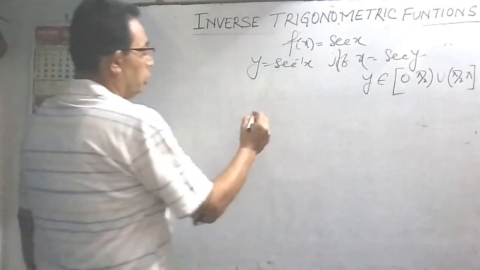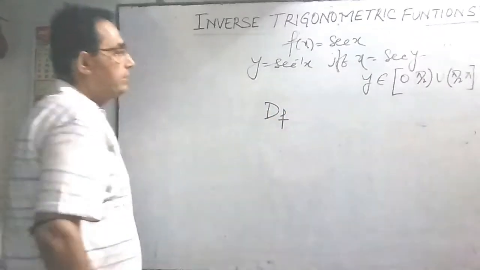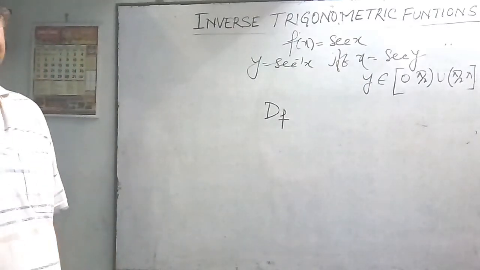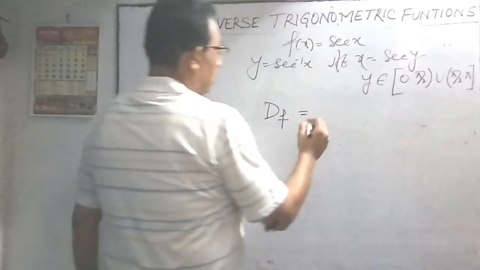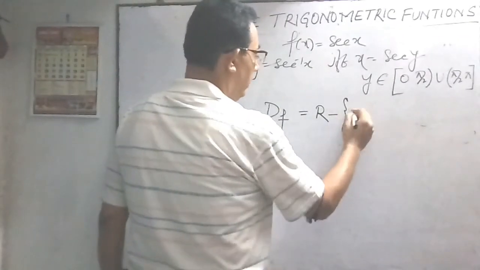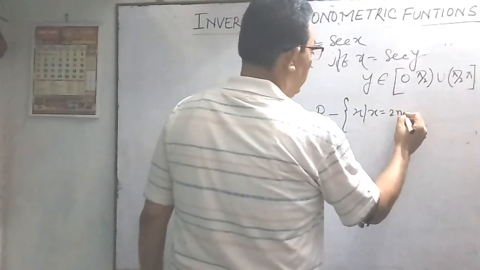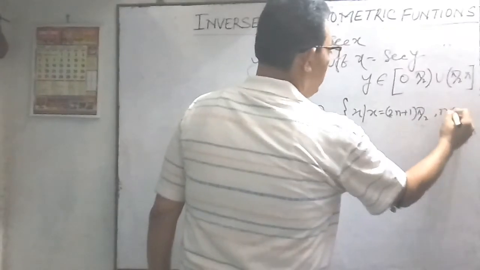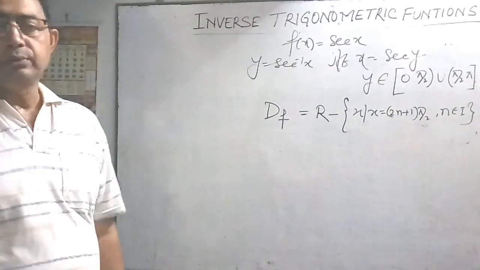The domain of sec x is what? It is R minus x such that x equal to (2n plus 1) pi by 2, n belongs to integers, odd multiples of pi by 2.